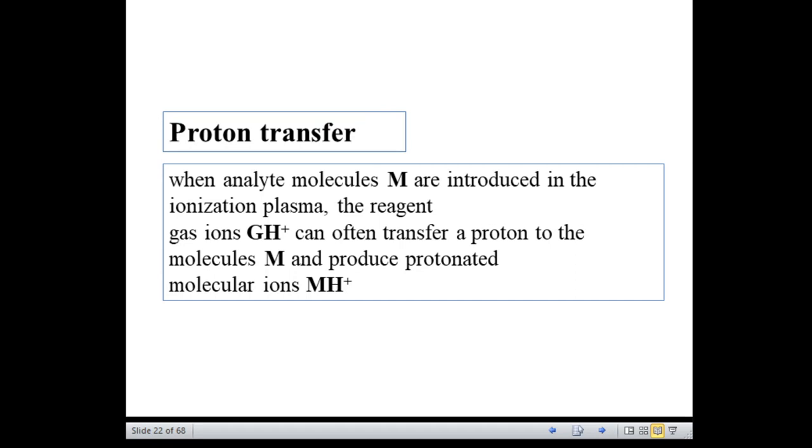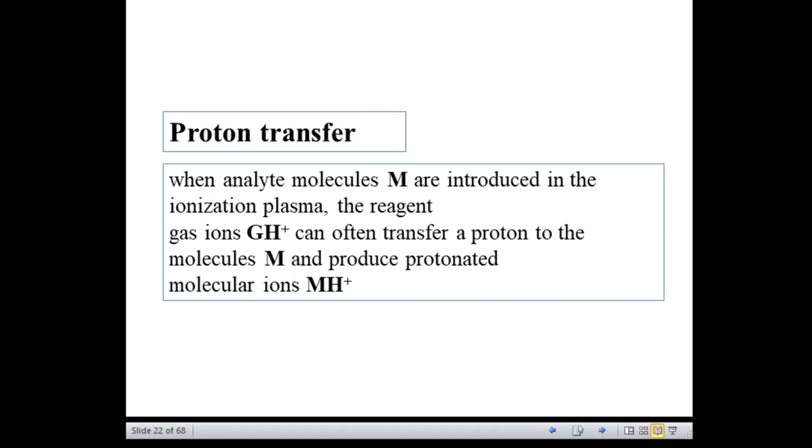So here the requirement is a gas. We refer to this gas as reagent gas, and the ions of this particular reagent gas are referred to as reagent gas ions.